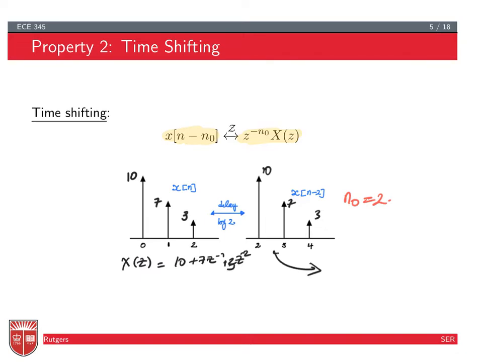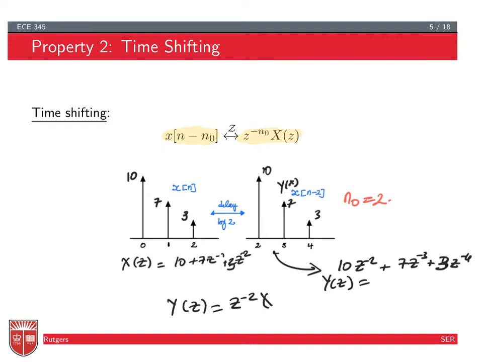And the shifted signal is going to be equal to 10z to the minus 2 plus 7z to the minus 3 plus 3z to the minus 4. So you can see that if we call the shifted signal y of n, then y of z is equal to z to the minus 2 times x of z.